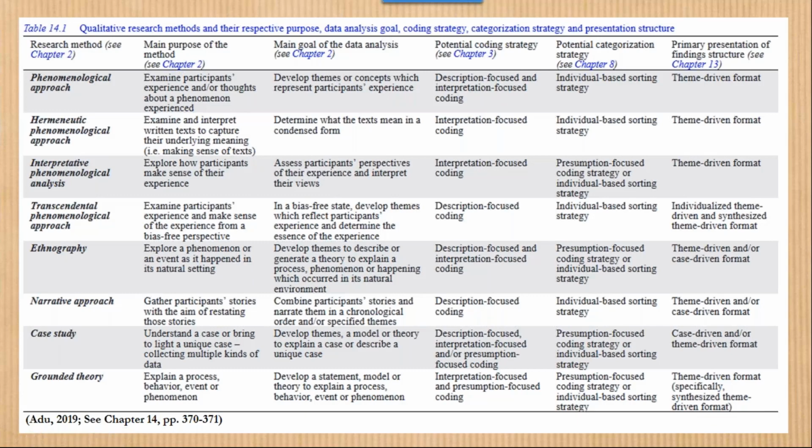In terms of categorization strategy, you can use individual-based sorting. And in terms of the structure, in terms of how to present the findings, you can do it based on the theme, right? So I have this table just to summarize what I talk about in all the chapters that I have.